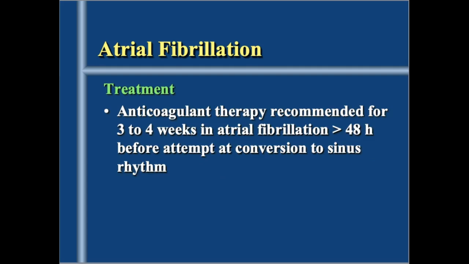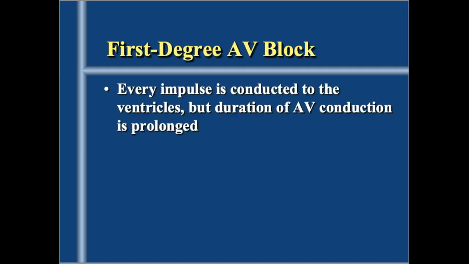And again, you want to have your anticoagulants on board, usually 3 to 4 weeks. If they're stable, they'll send them home and let them be on anticoagulants for a while and bring them back for either a medical or electrical cardioversion.